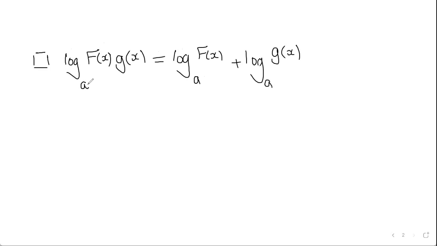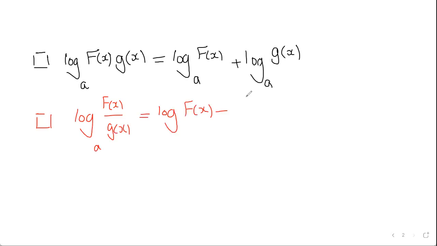The second identity that we discussed was decomposition of a ratio, f of x over g of x, with the same base a. You notice that you can decompose them into a subtraction of 2 functions.